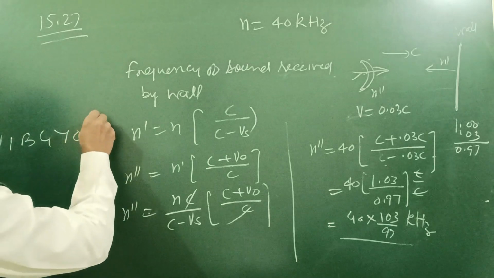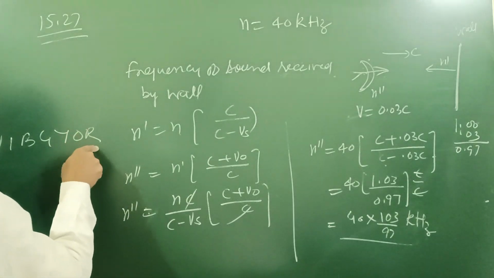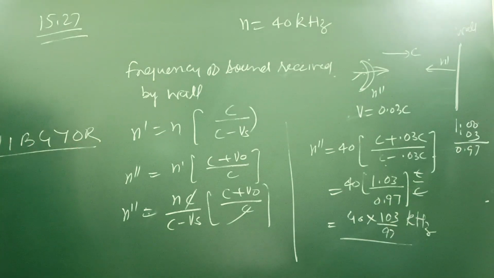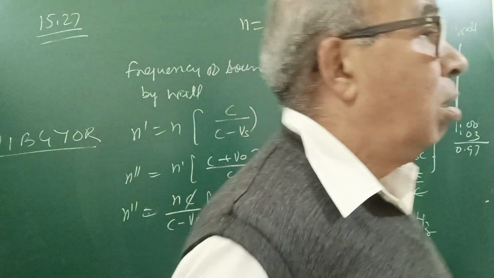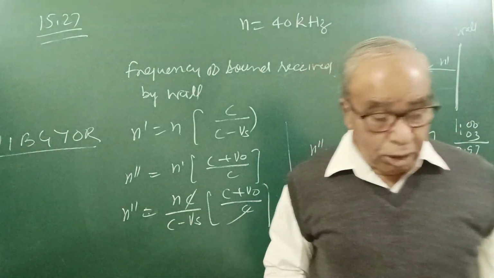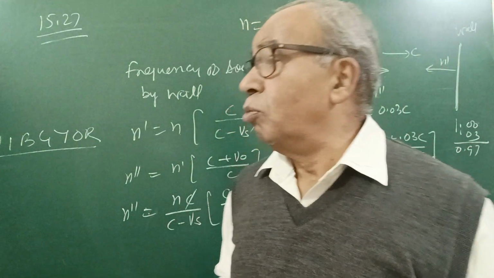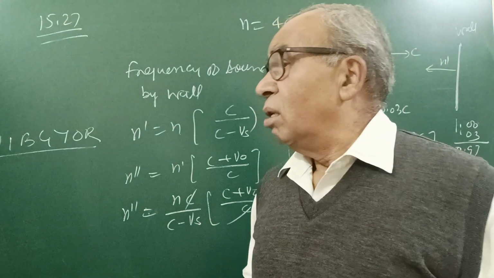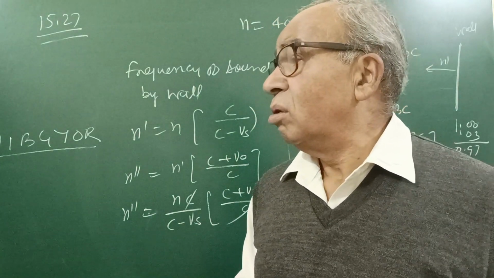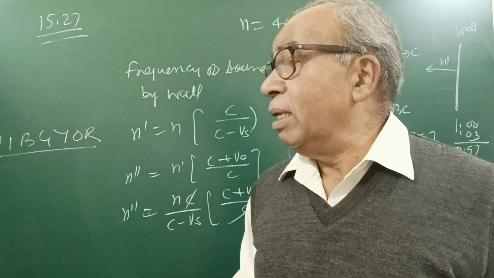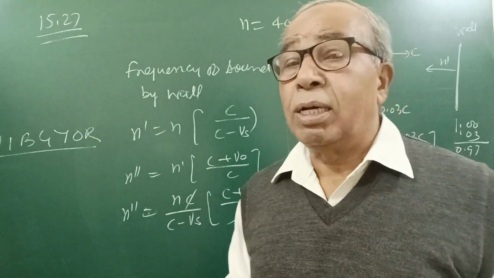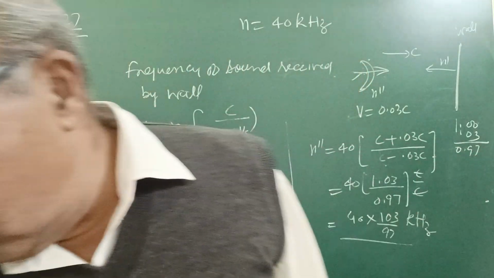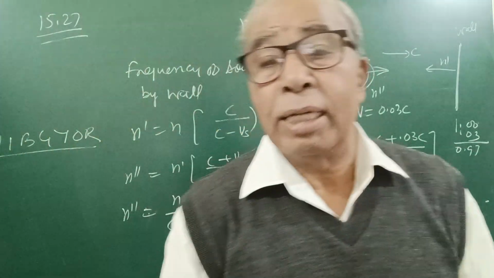Red has the lowest frequency, longest wavelength, and others in between. So whenever the source or observer moves, or both move, having relative velocity, then the color of light seen by our eye is found different from the actual color of light emitted by the source. So I will take you through Doppler effect in the next video.